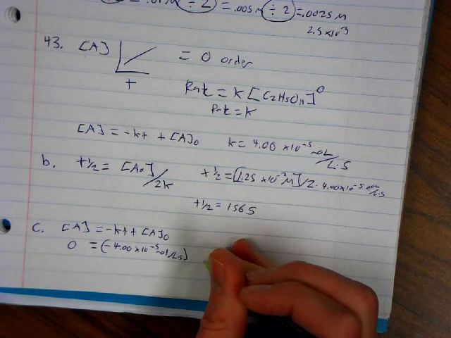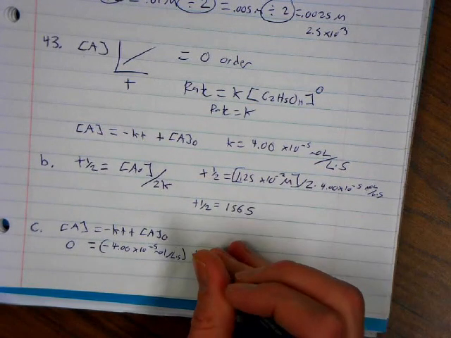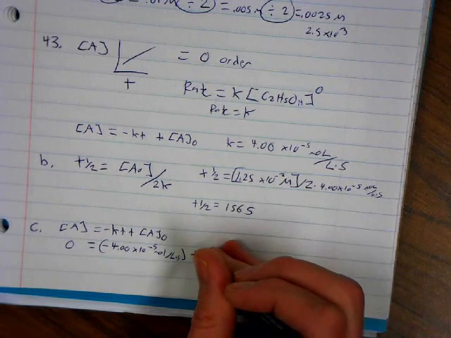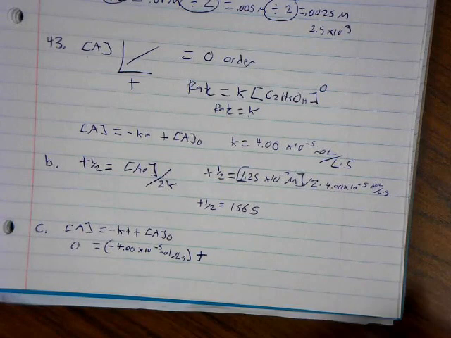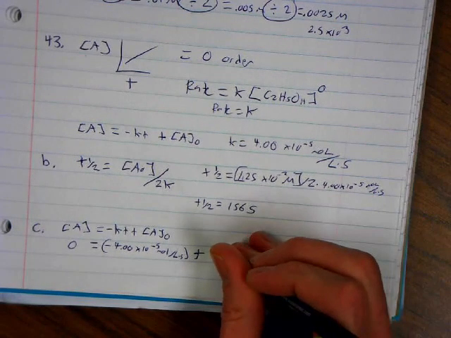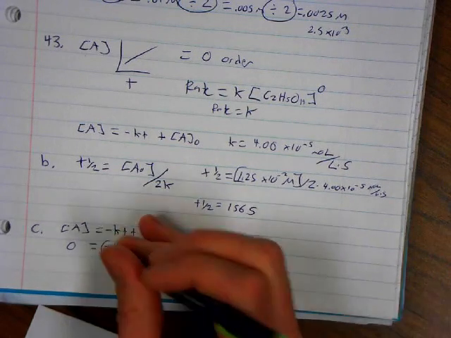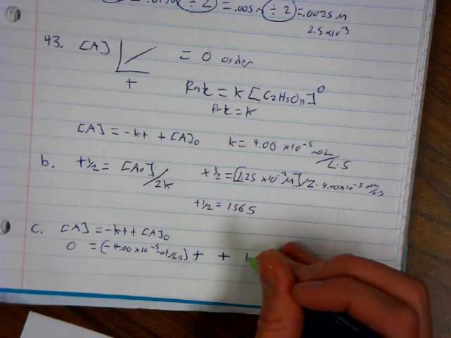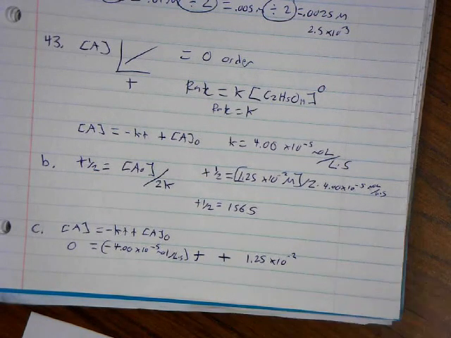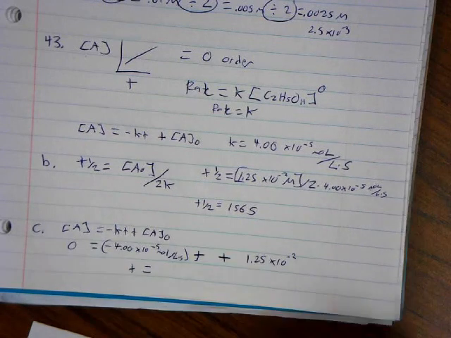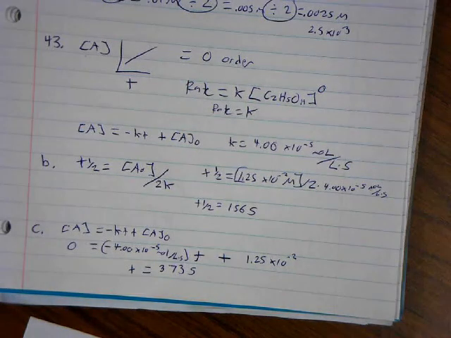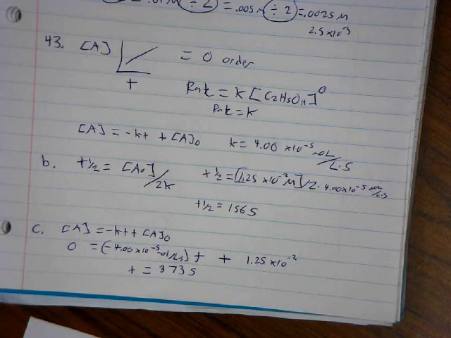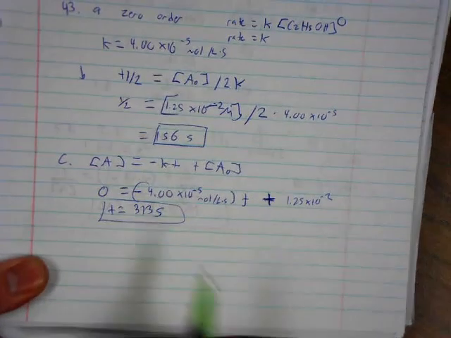Yes, 0 equals negative 4.00 times 10 to the negative fifth moles over liters times seconds, times T, which is what I'm solving for, plus 1.25 times 10 to the negative second. Solving for T, I got 373 seconds.